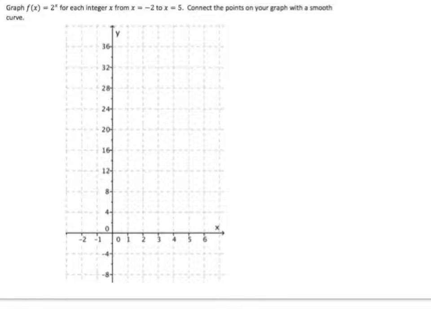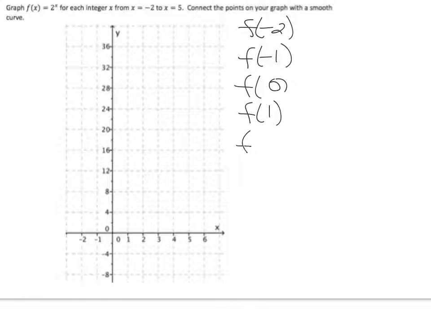Let's graph some stuff. So graph your function f of x equals 2 to the x for every integer from -2 to 5. So let's do these. F of -2, f of -1, 0, 1, 2, 3, 4.